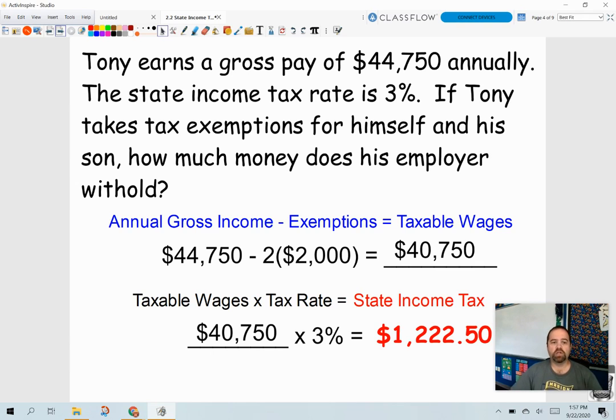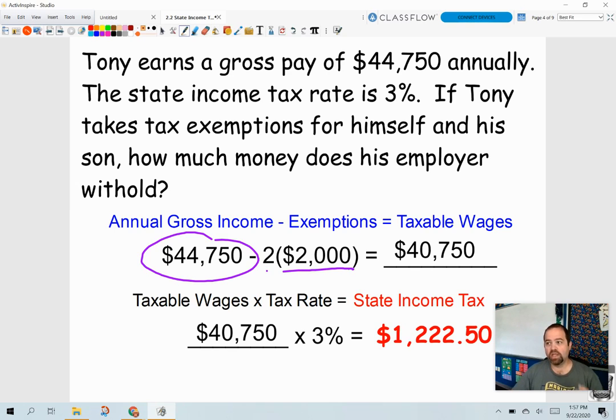So this example here, Tony earns $44,750 annually. What he does for a living doesn't matter. The state income tax rate is 3%. Everybody pays 3%. So Tony takes tax exemptions for himself and his son. So he's going to be claiming 2 allowances on his taxes here. So we're going to start with his gross income, and we're going to subtract 2 times $2,000.